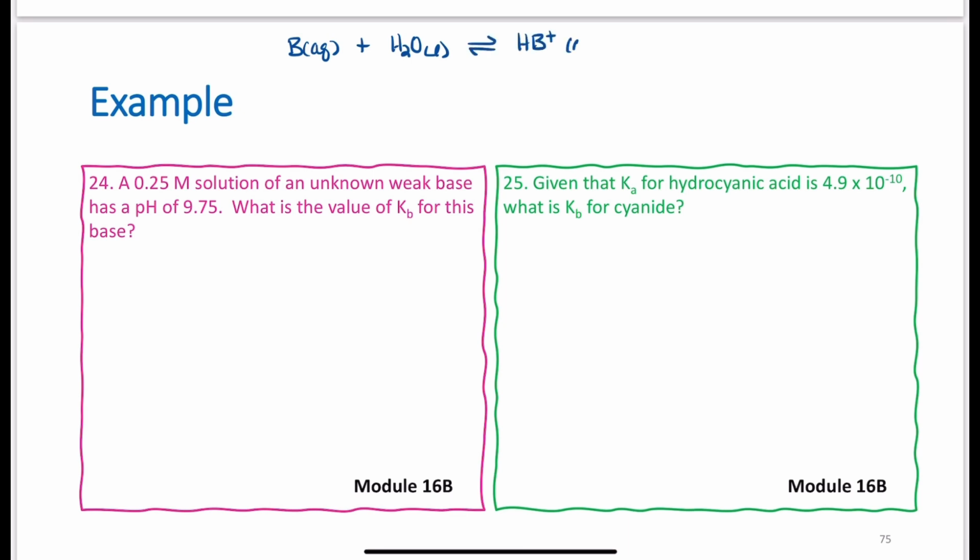So it's going to form a conjugate acid and hydroxide. I'm told it's a 0.25 molar solution. And I just set up my rice chart like I normally would.